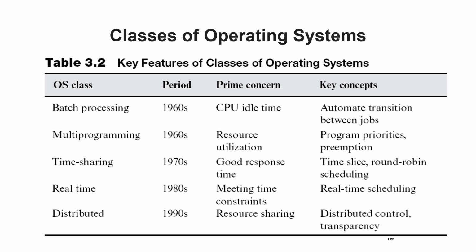In earlier days the CPU utilization was very low, because after completing one job, the programmer needed to insert another job for execution. Between switching from one job to another, there was a possibility of the CPU being idle.